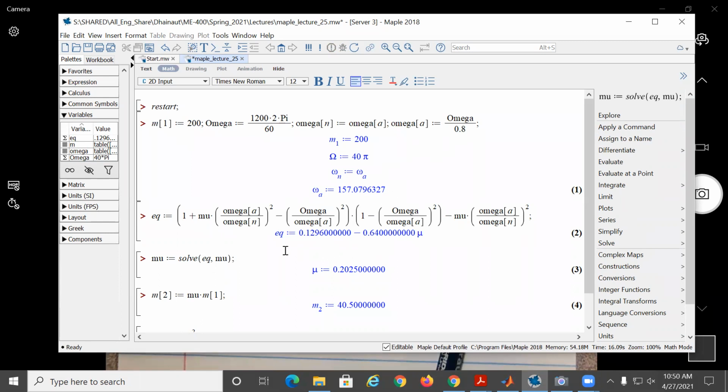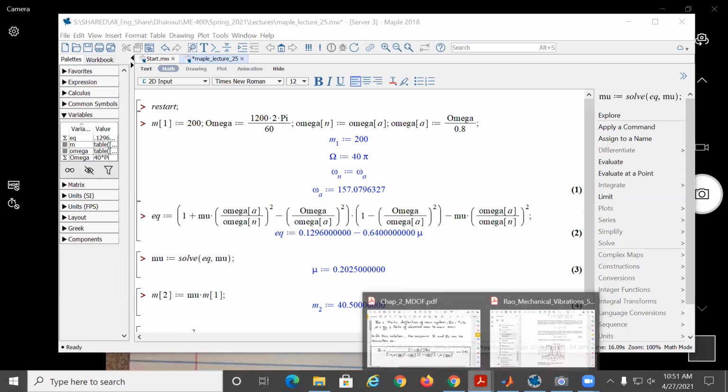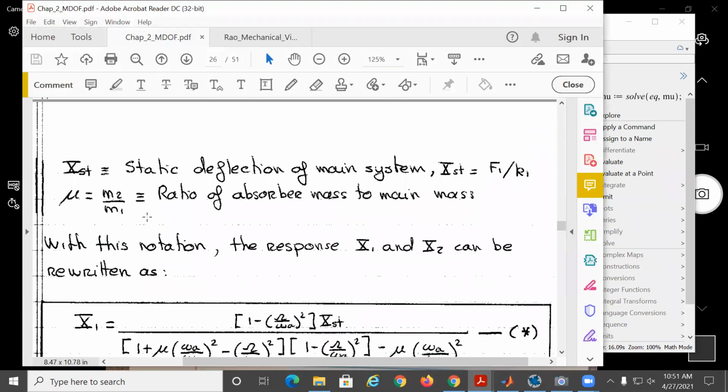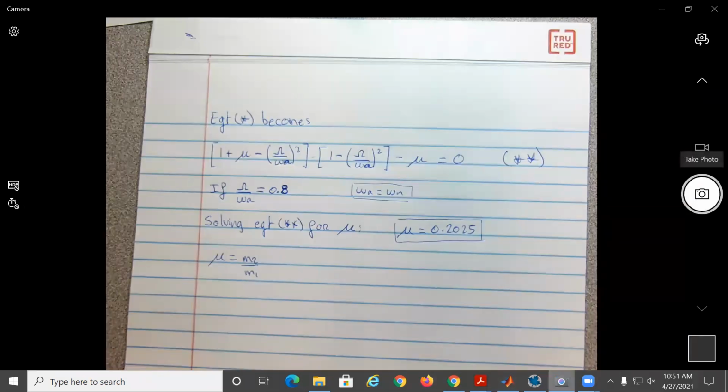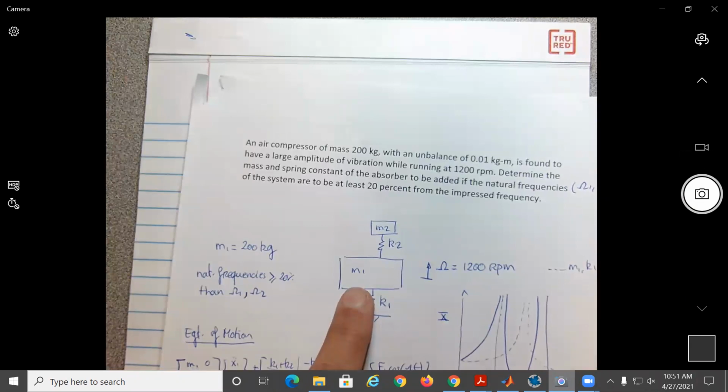So if we solve for this, what you get is mu equal to 0.2025. And we know that by definition, mu under this notation is what? M2 over M1, where M1 was the mass of the system over here.